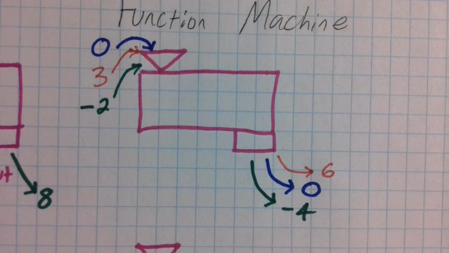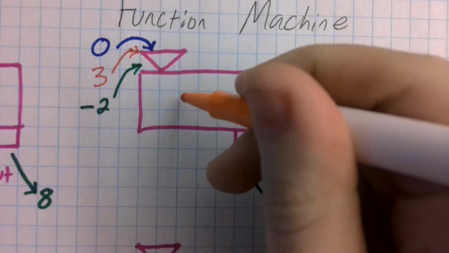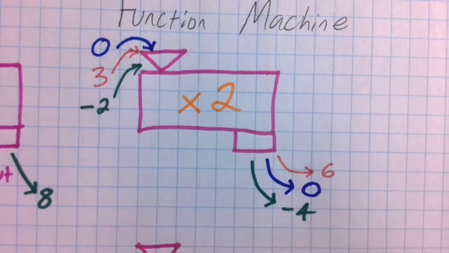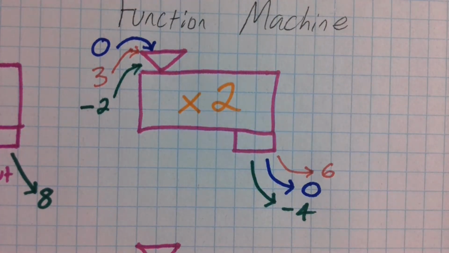Based on this, can you figure out what my rule is? If you want to, pause the video and try and see if you can figure it out. If you guessed that the rule is times 2, you are absolutely correct. I'm multiplying everything by 2. 0 times 2 is 0. 3 times 2 is 6. Negative 2 times 2 is negative 4.